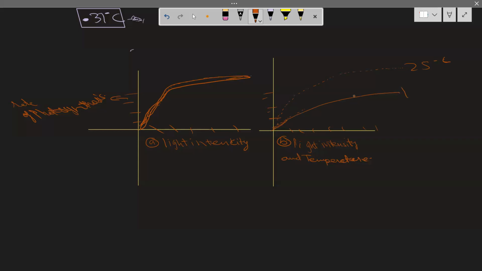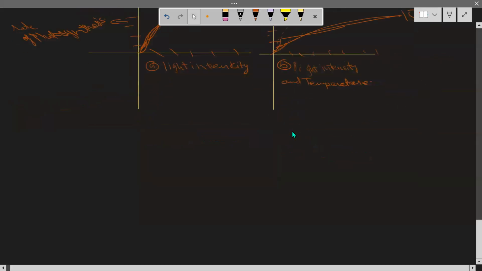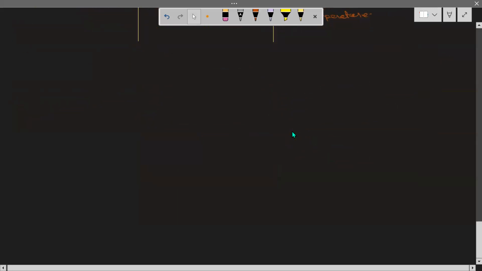This is the 15 degrees Celsius graph and this is the 25 degrees Celsius graph. From this we can observe that at some point the light intensity and temperature won't be that important in the increase of rate of photosynthesis, while in the start it's very important. Okay, you got it.